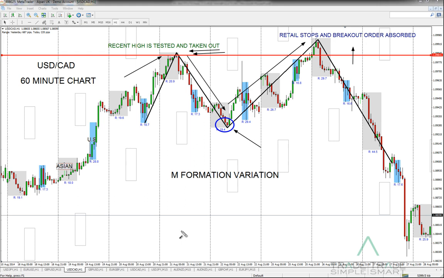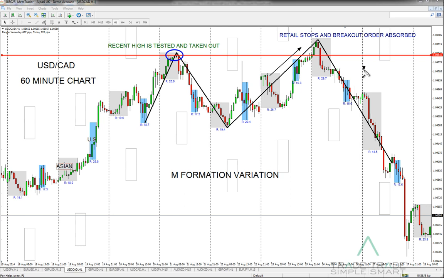So the shakeout process in the M formation variation is slightly different, because smart money are willing to release the trap traders who got into the market on the first leg. They're willing to break the prior high.